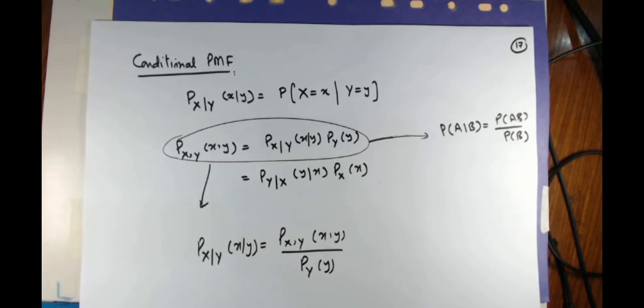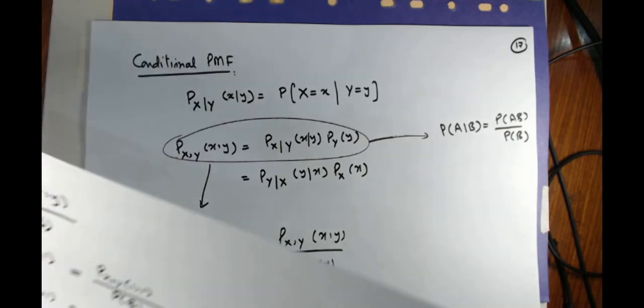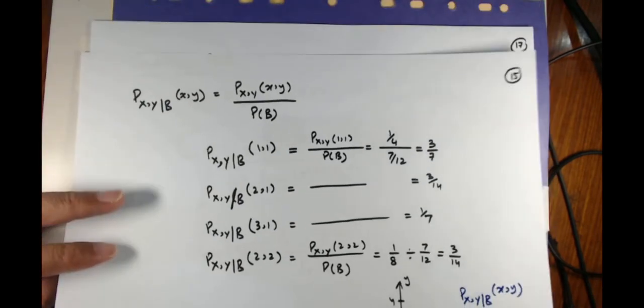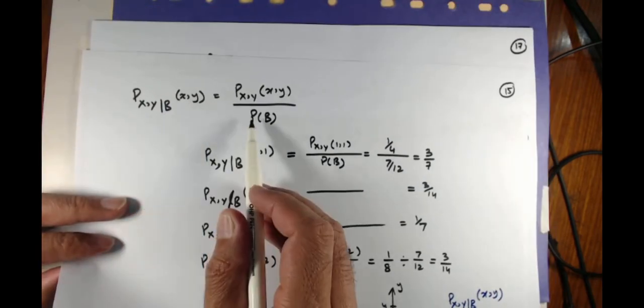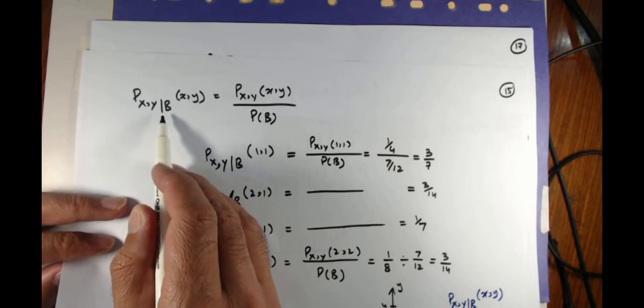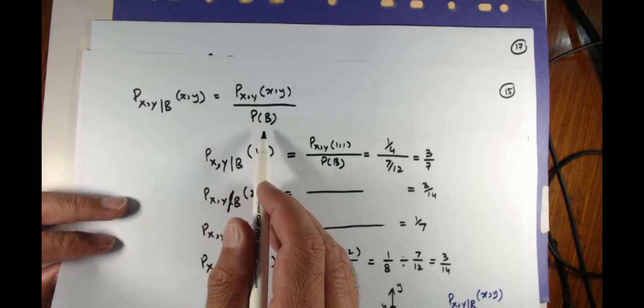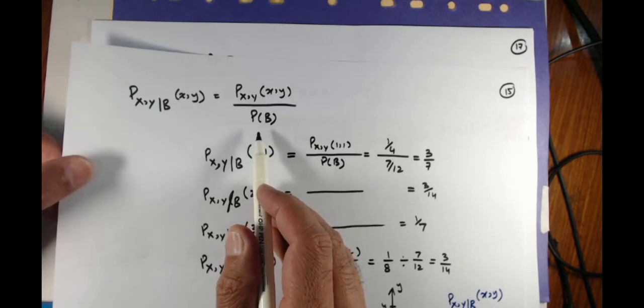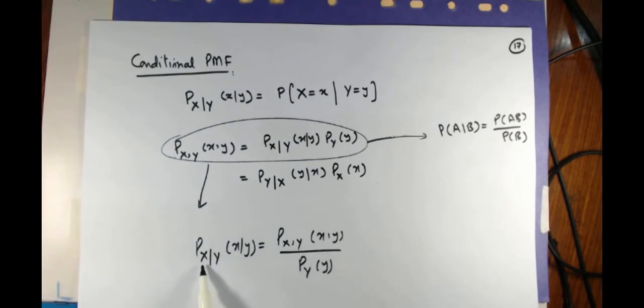Now let me go back and show you one of the previous expressions where we had this joint distribution. You see, the conditioning event was B, so we divided the total distribution by the probability of the conditioning event, and we found this conditional distribution. Now we have this conditional distribution of X given Y. Here Y is a complete conditioning event as a whole random variable, so its probability is represented through its individual distribution.